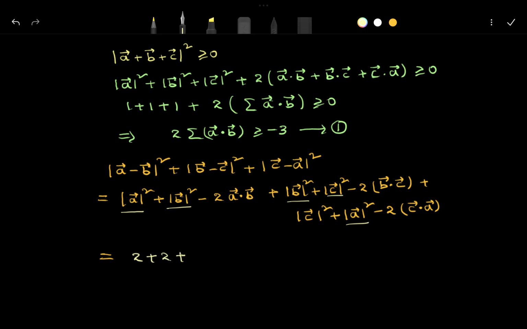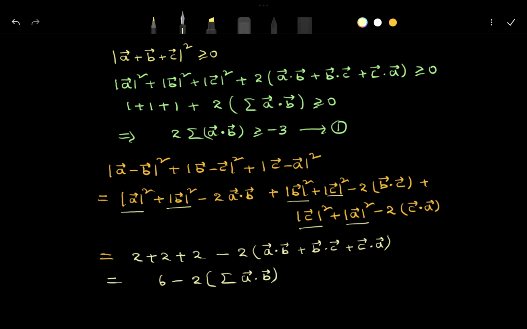C bar whole square is also 2 times, plus 2, minus 2 into a bar dot b bar plus b bar dot c bar plus c bar dot a bar. So totally this value will be equal to 6 minus 2 into sigma a bar dot b bar. So you got that this expression will be this one.